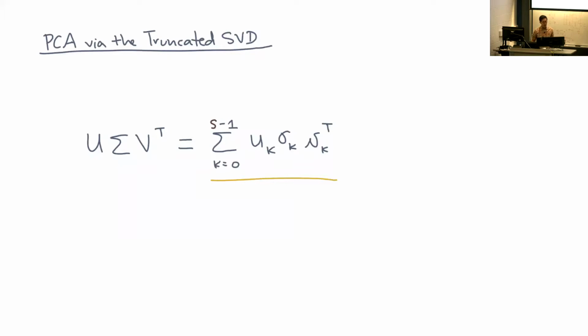You could think of that as just the definition of a matrix product. Does at least one of you buy that? I take a column vector times a row vector, and I get a matrix back.